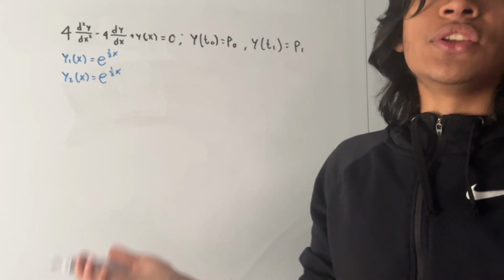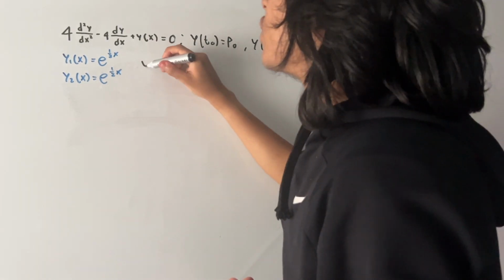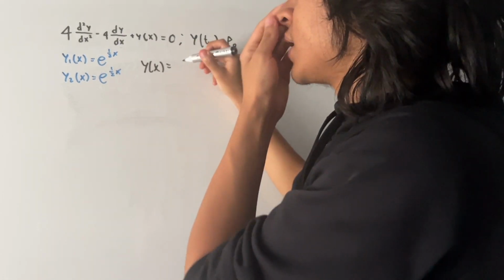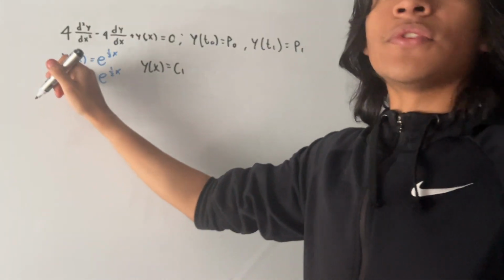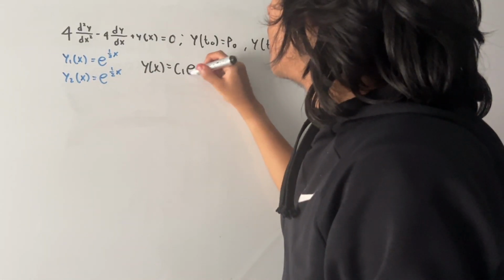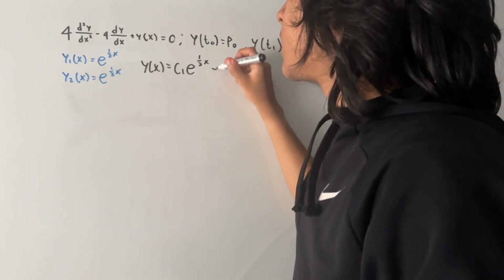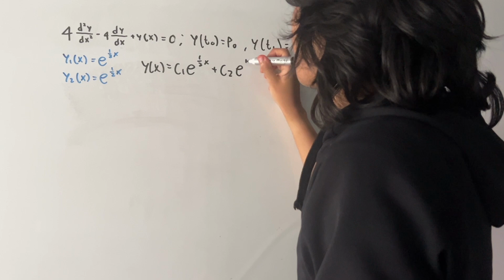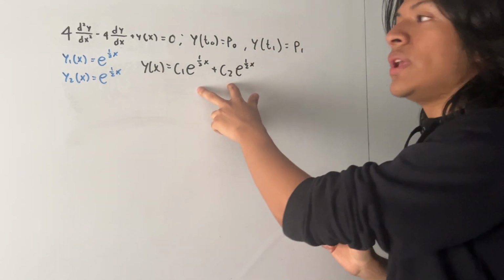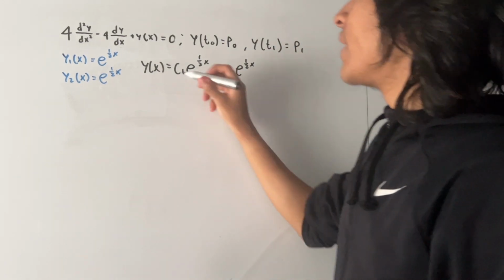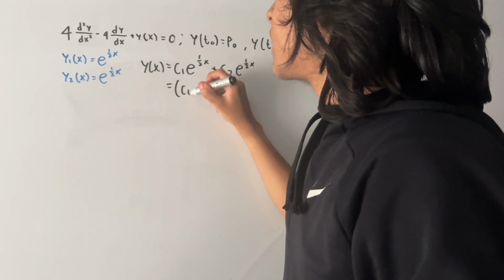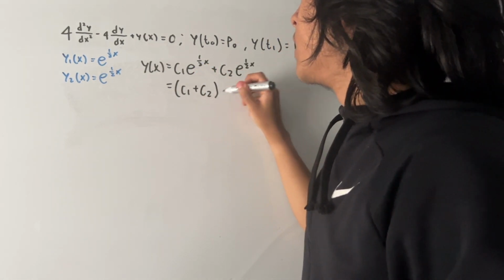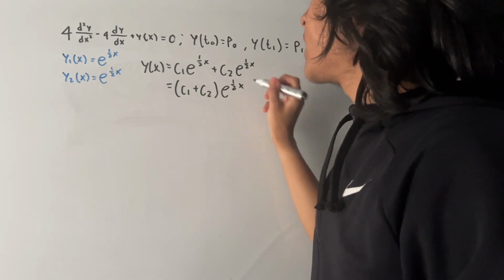Let's say we try using this formula. Our general solution is C1 times our first solution, e to the 1/2 x, plus C2 times e to the 1/2 x again. What we can do here is factor out an e to the 1/2 x, so we get C1 plus C2 times e to the 1/2 x.